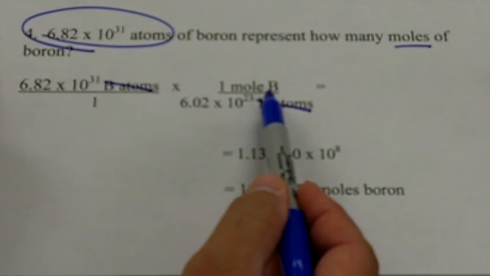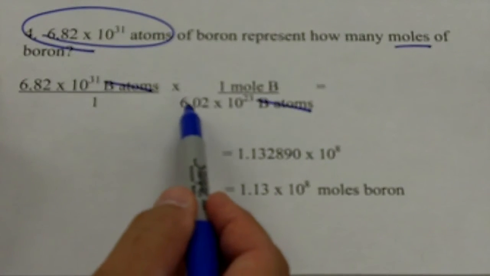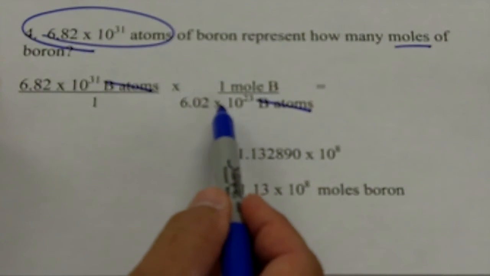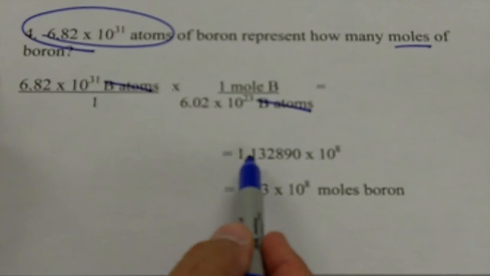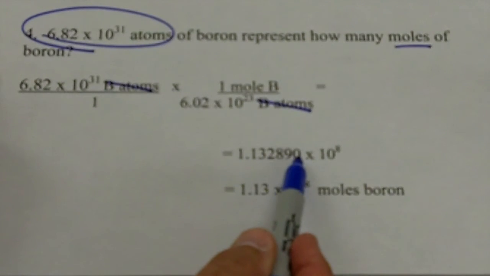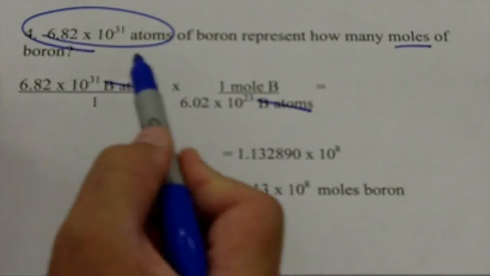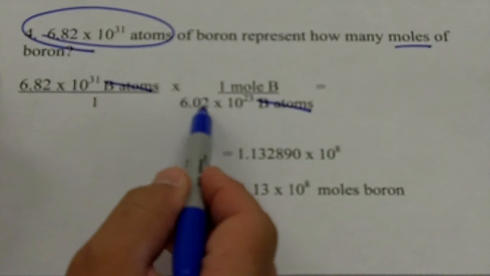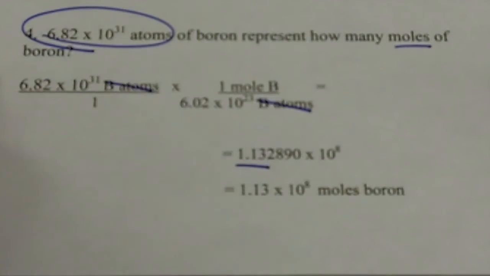Now, it's a simple matter of calculation. 6.82 times 10 to the 31st divided by 6.02 times 10 to the 23rd, and I get this number, 1.132890 times 10 to the 8th. I can only take 3 significant digits here. I'll underline the first 3 numbers.